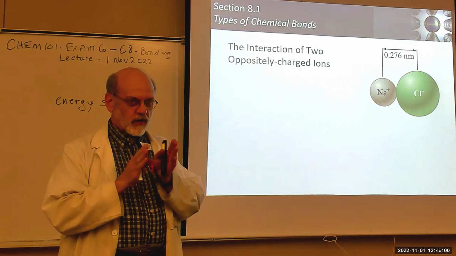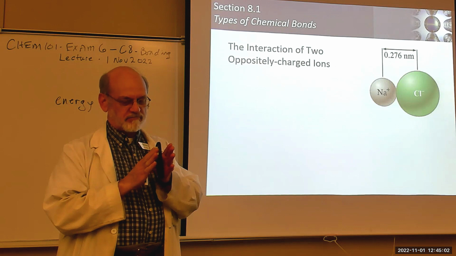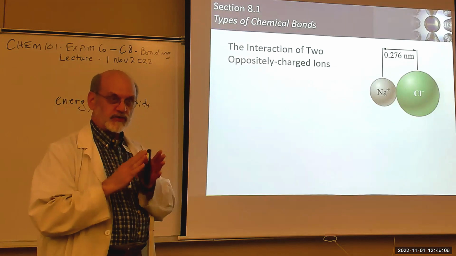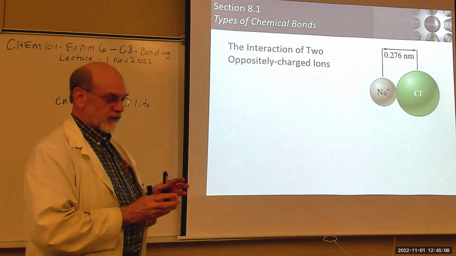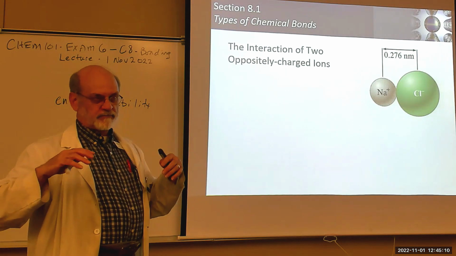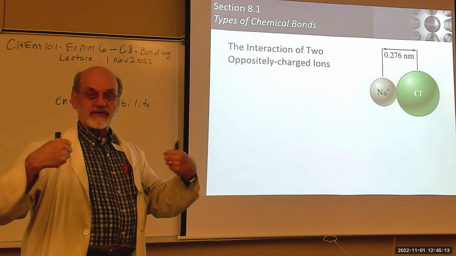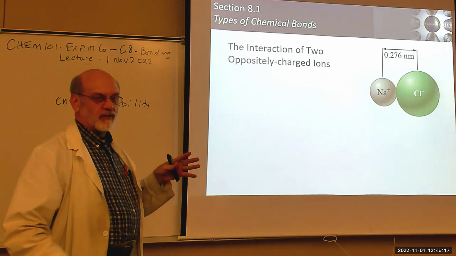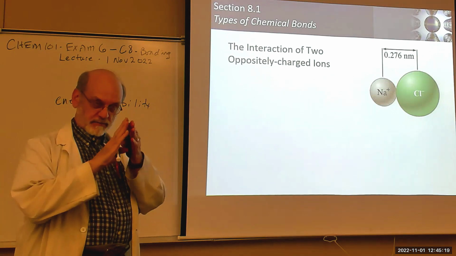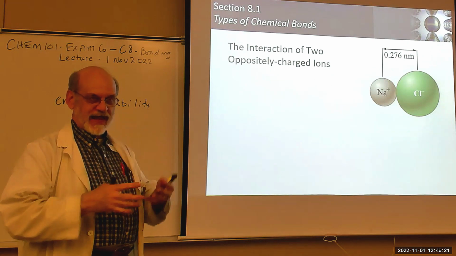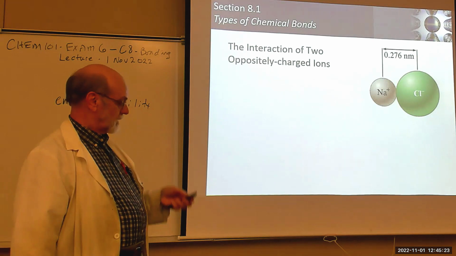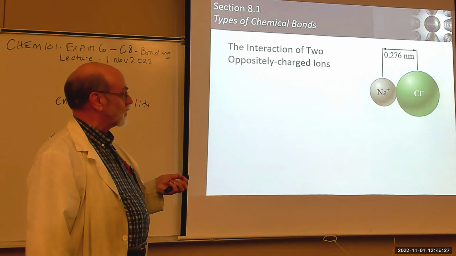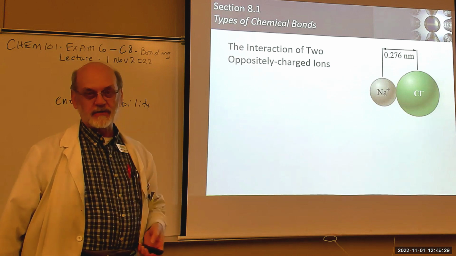They can only get so close before you lose your advantage. But if you pull them farther apart, then they don't feel their electrostatic attraction anymore. It's not strong enough to hold them together. So there's an ideal minimum distance between the two that establishes this ionic bond, and it's been determined to be 0.276 nanometers. So they're really close.